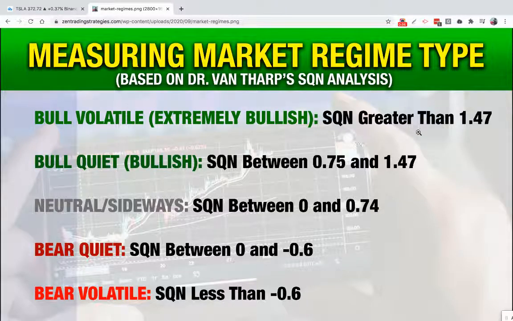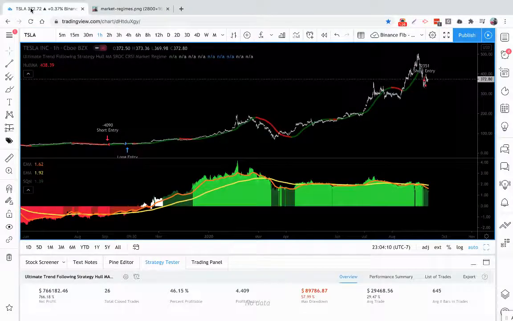And these numbers that we have here, which are from Dr. Van Tharp, are going to quantify what type of markets we're in, whether we're in a very volatile bull market, a quiet bull market, a sideways or neutral market, a quiet bear market, or a volatile bear market. Here we have the settings of the SQN and market regime. So with that being said, again, watch the video if you haven't already. If you have, this is just a quick recap of it.